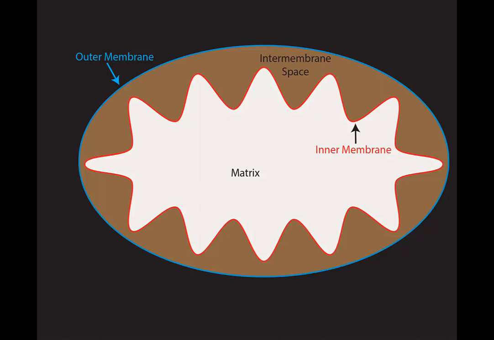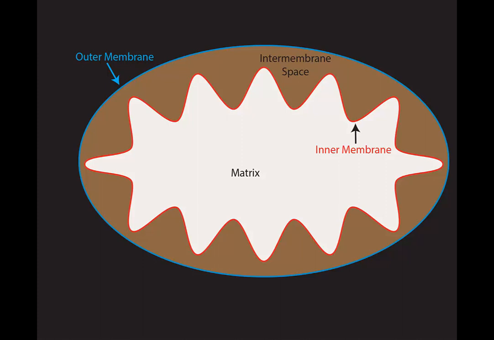This membrane is the location of all of the electron transport proteins that are important in producing ATP. So by having these invaginations and having this maximized surface area, we can pack more of these proteins onto that membrane and have more chemistry that happens.